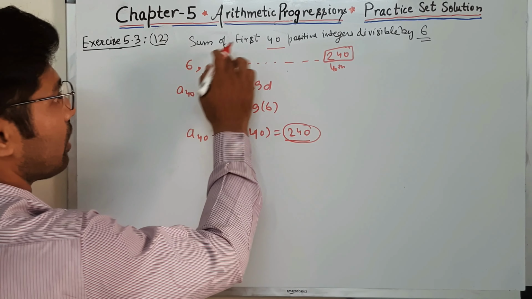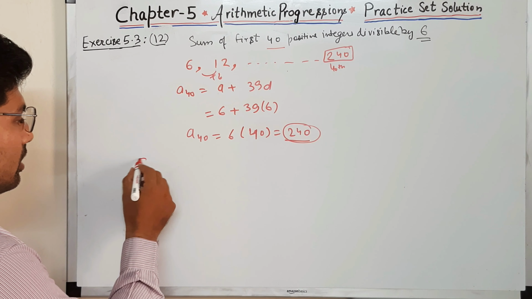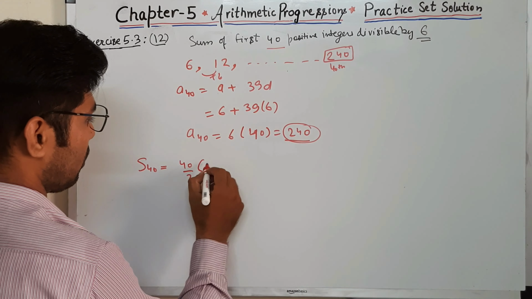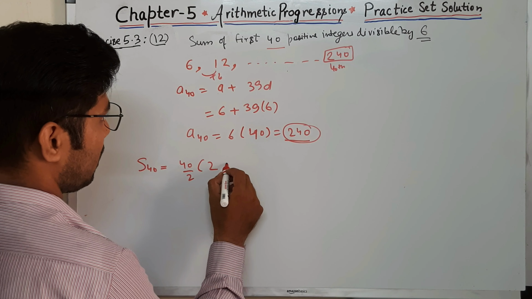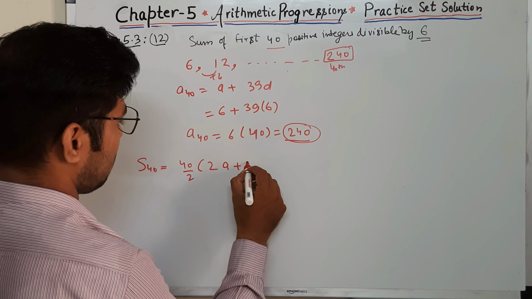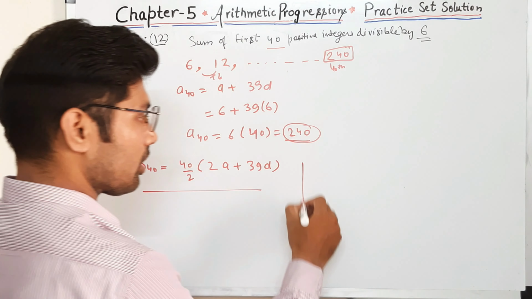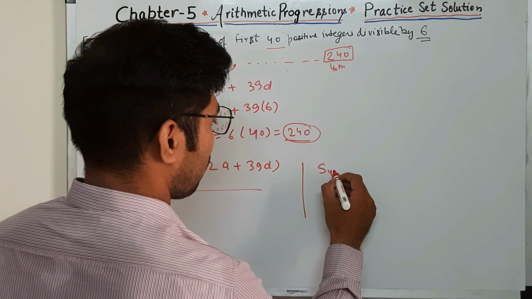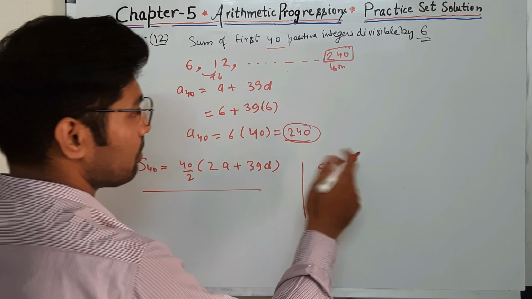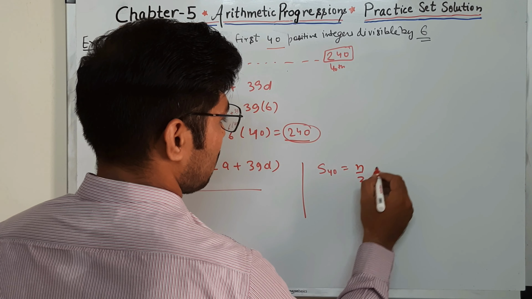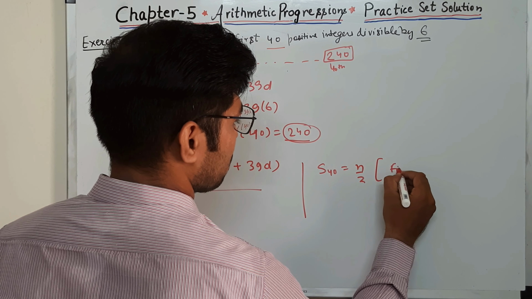Now we need to find the sum of the first 40 terms. Sum of first 40 terms is either 40 by 2 twice of a plus 39d, or there is another formula. Sum of 40 terms is n by 2 times first term plus last term.